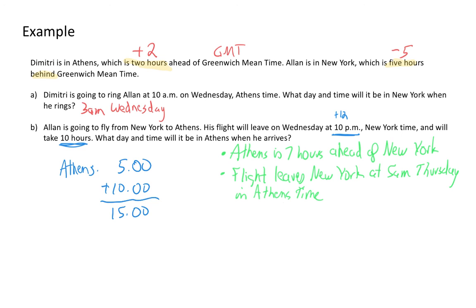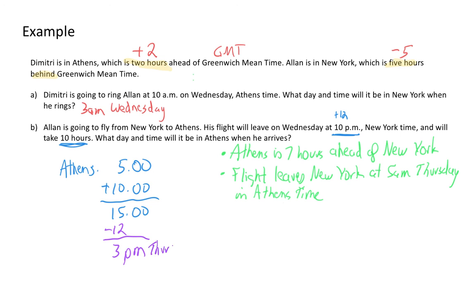I can see it's past 12, so it's going to be a p.m. time. To work out what that p.m. time is going to be, I can subtract 12 from it. So that is going to be 3 p.m.